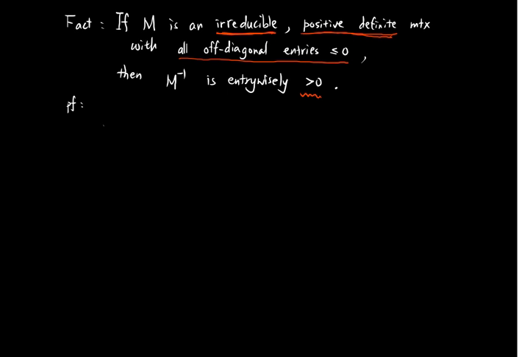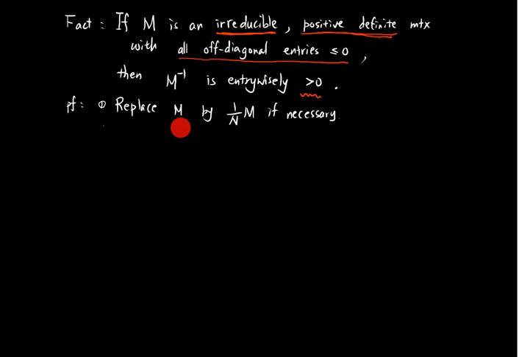The first thing is maybe you can replace M by some constant times M if necessary. You will see that all these properties are preserved after the scaling. If M is irreducible, then this is also irreducible.